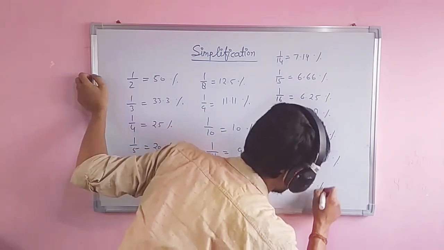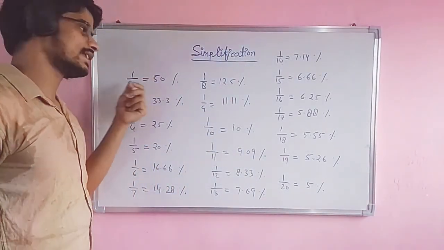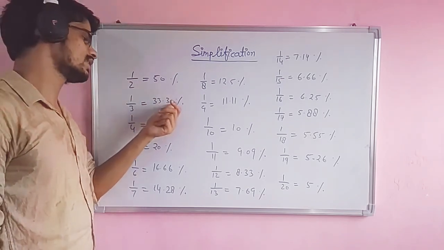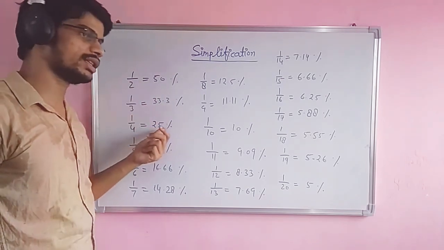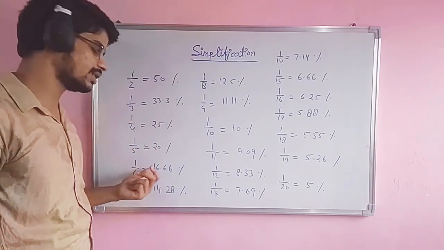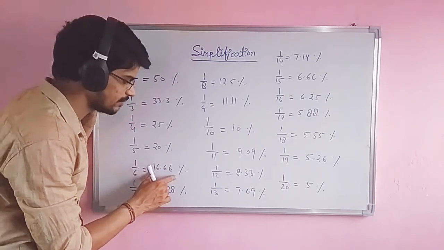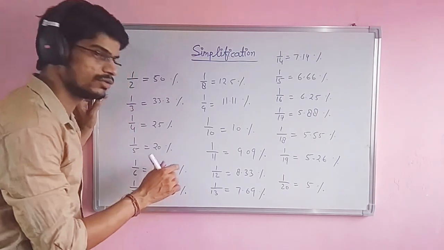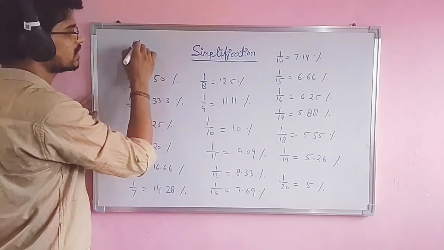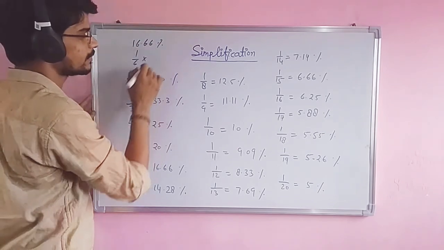Next is 1 by 20, how much? That is 5%. We use 1 by 2 as 50%, 1 by 3 as 33.33%, 1 by 4 is equal to 25%, 1 by 5 is equal to 20%, 1 by 6 is equal to 16.66%. If we want to calculate 16.66% of any number, then we replace the 16.66% by 1/6 of that number.